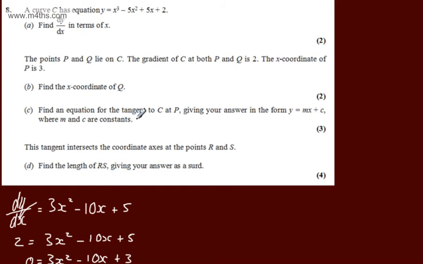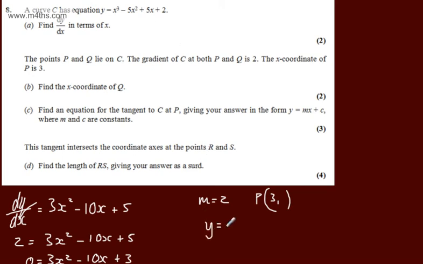A tangent is simply a straight line. For a straight line we need 2 things. We need a gradient, which we've got, that's 2, and a point that it goes through. We've got the x-coordinate of P, which is 3, and we can find the y-coordinate by subbing x is equal to 3 into the equation.